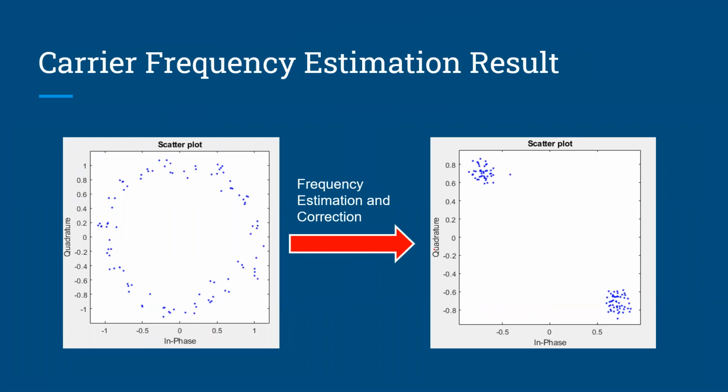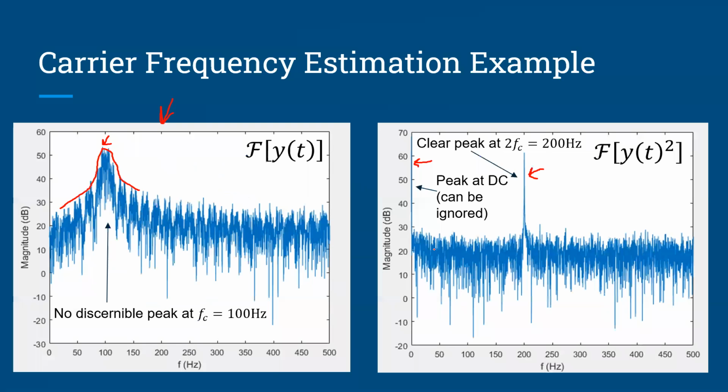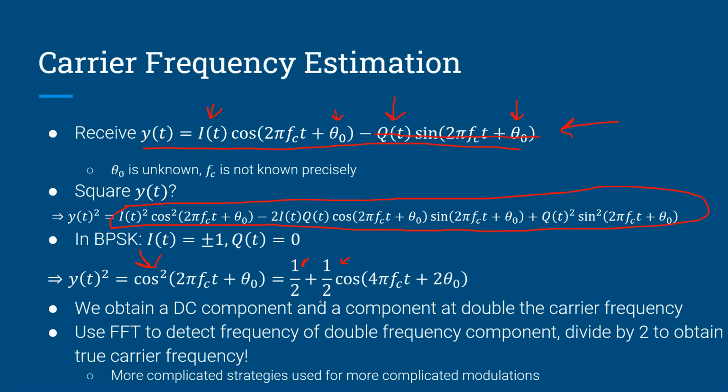What if you don't get it? Go ahead, Henry. I had a question about the DC peak. Why do we get that, and how can it be ignored? The DC peak comes from this term right here. That's just because we square a cosine, and squaring a cosine gives you a DC term.